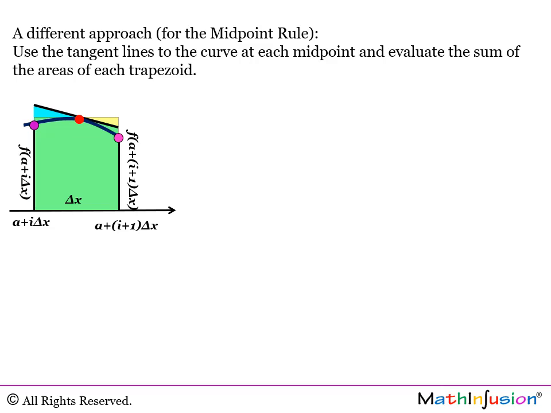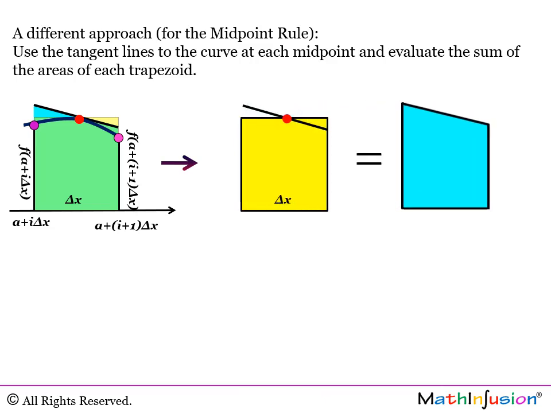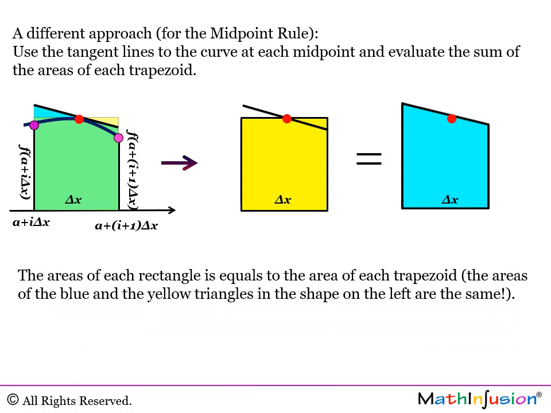So if you take this little yellow triangle and replace it by the little blue triangle, you will get a trapezoid. So another way to actually view this is really the sum of areas that are actually trapezoids.